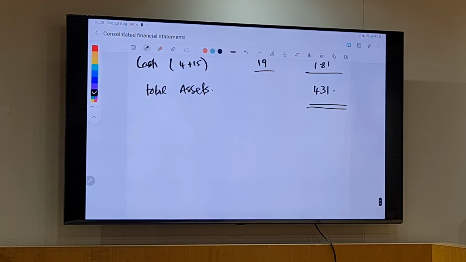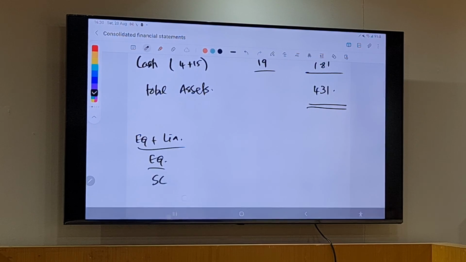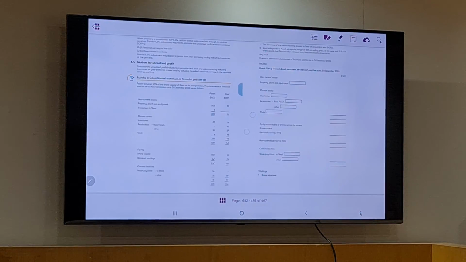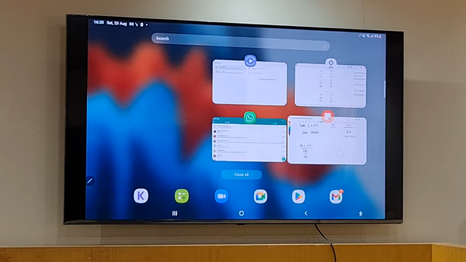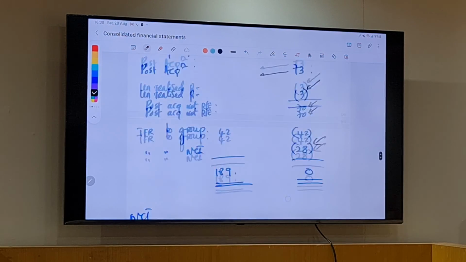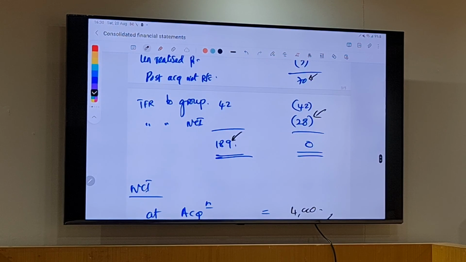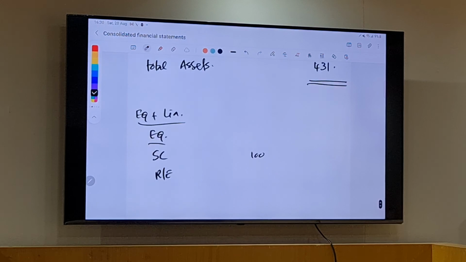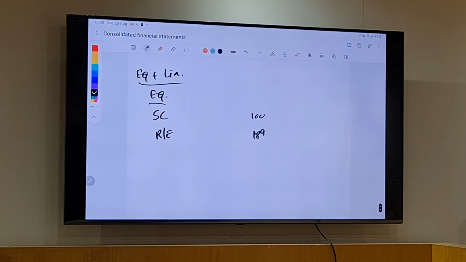Then you have equity. Share capital, only the parent company share capital. Retained earnings, you have to take the answer from our working, 189. So 289.